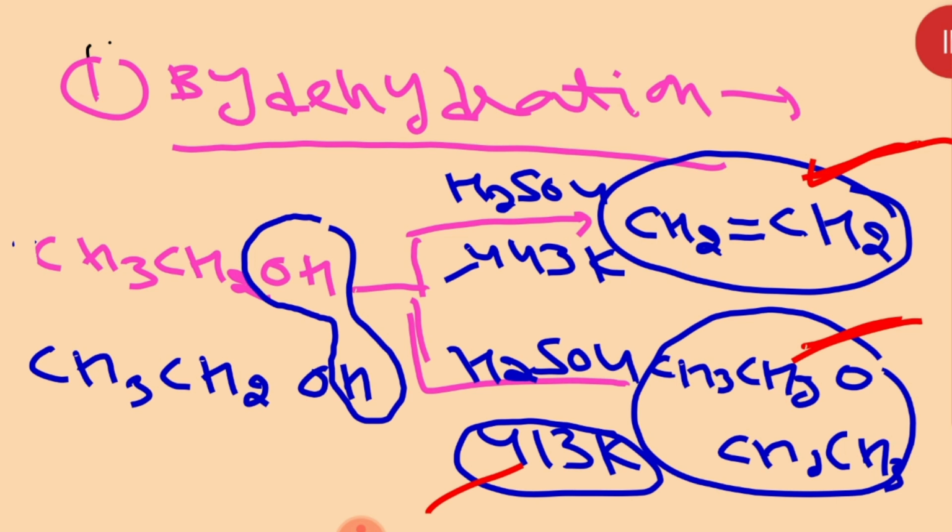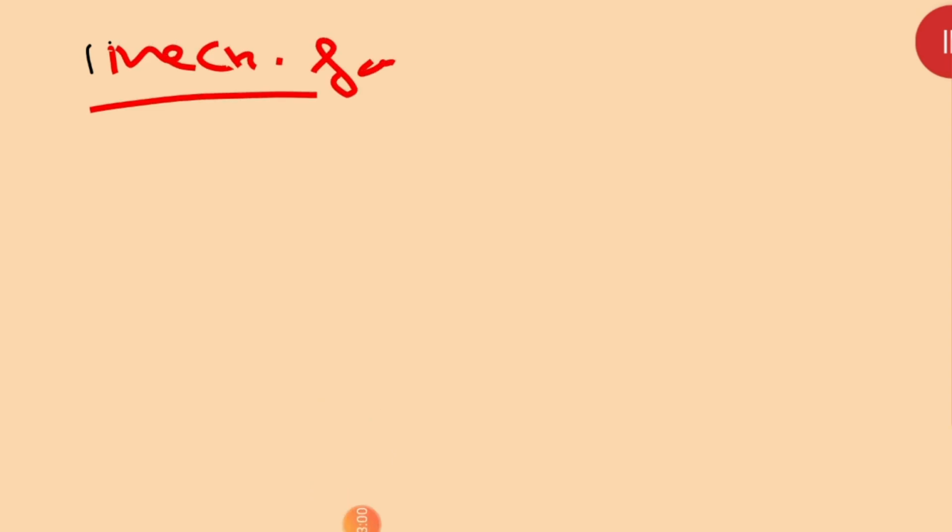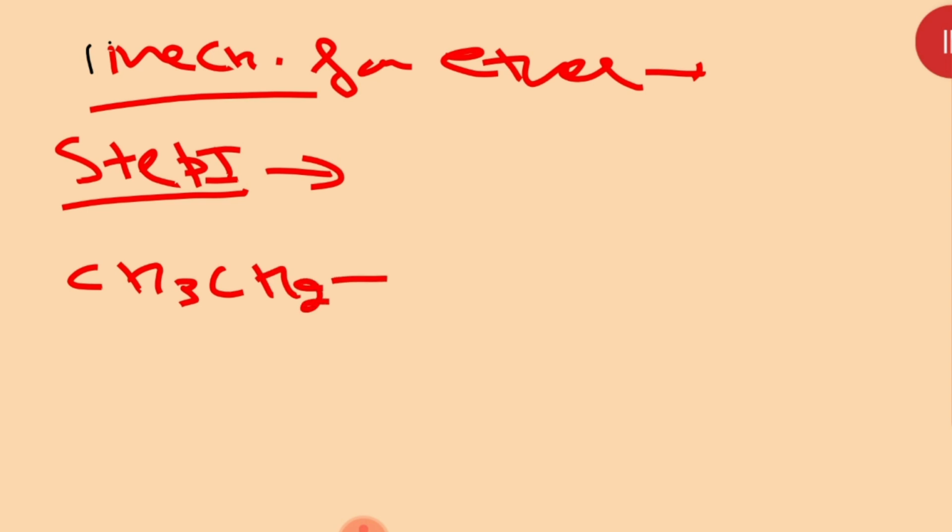Okay, now student, we have to do the mechanism for the ether formation. You must see, all of you, mechanism for ether formation. Step number one. What do we do in step number 1? Let it be CH3CH2OH.